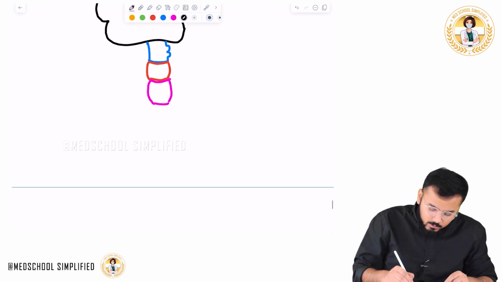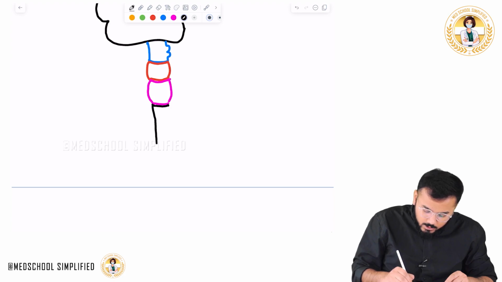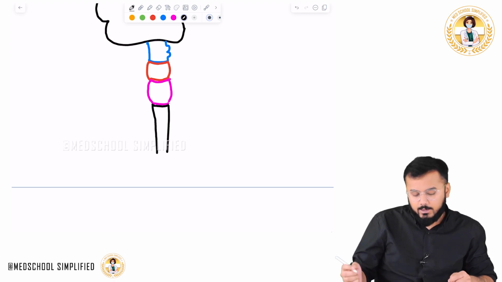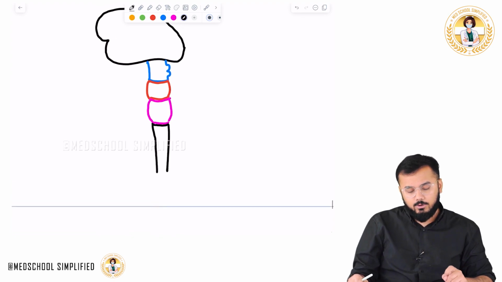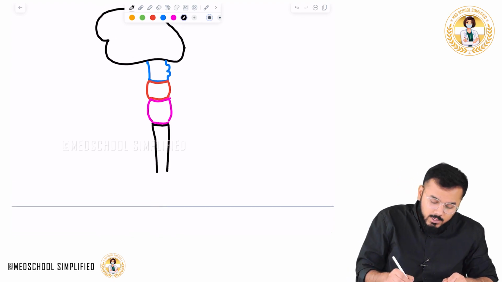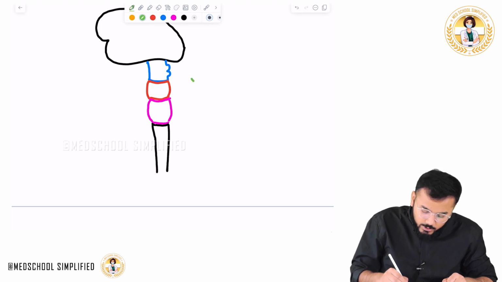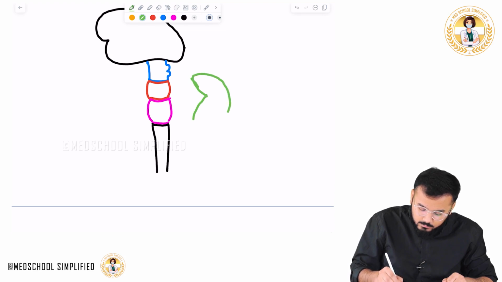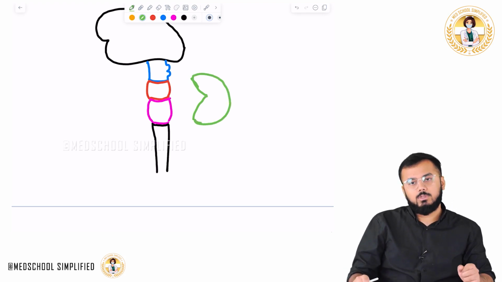Hanging down from the medulla oblongata, you have got this structure called the spinal cord. And where is your cerebellum located? Your cerebellum is located on the back side like this. So this is your cerebellum.